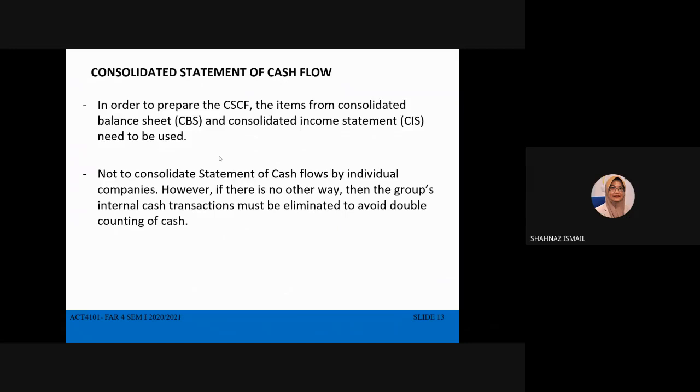Kita ambil daripada consolidated financial statement, iaitu from consolidated profit or loss, consolidated changes in equity dan juga consolidated financial position. I hope you can understand that. Bear in mind that is the way to do the consolidation for cash flow.